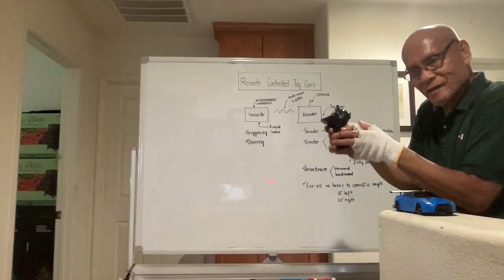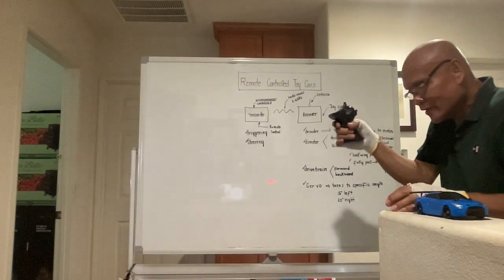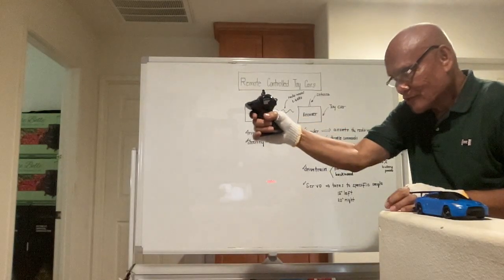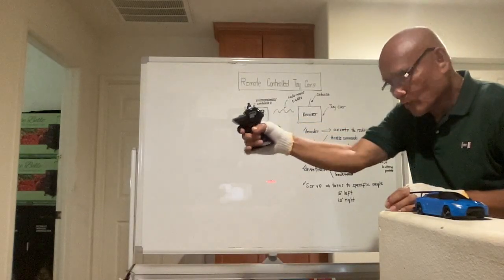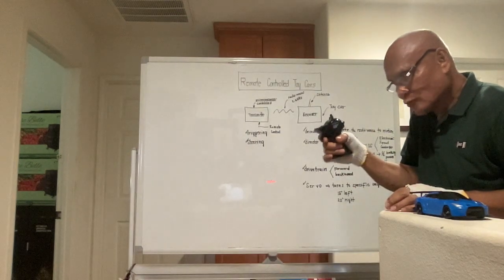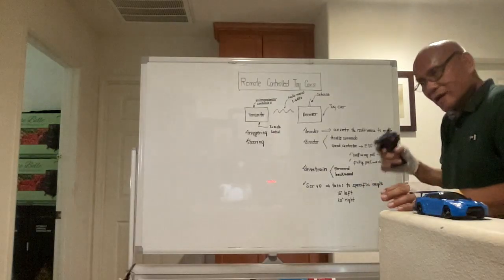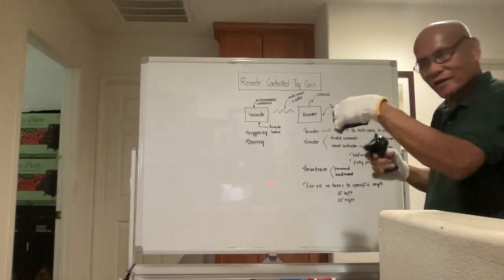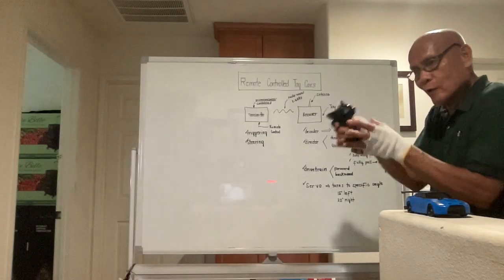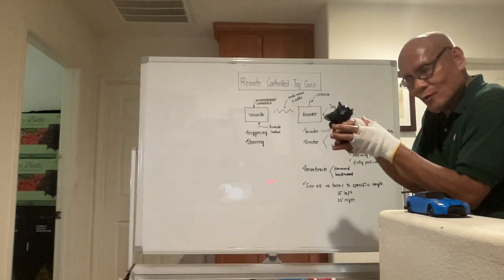Okay, I will try to repeat it. If this is fully depressed, that's very fast. But if it's only depressed 50%, of course the speed will be lesser. And if you depress this maybe 25%, it's going slower. So regarding the speed of this toy car, it depends on how hard we depress this button for going forward.